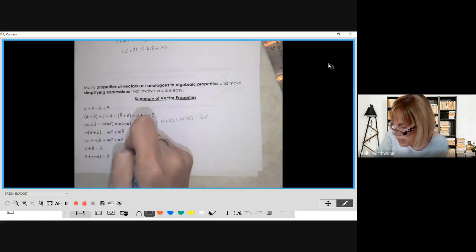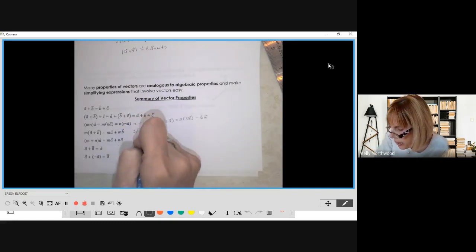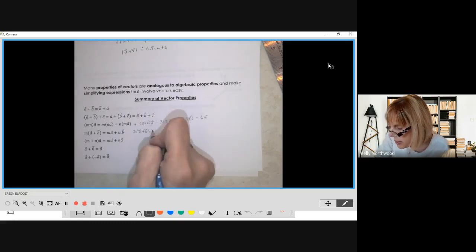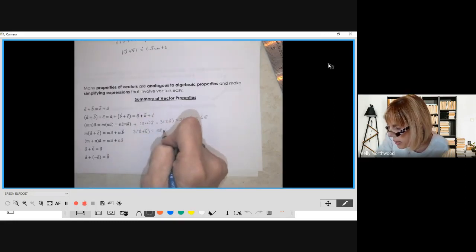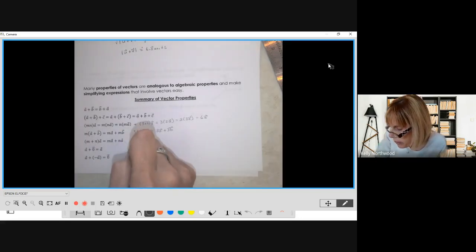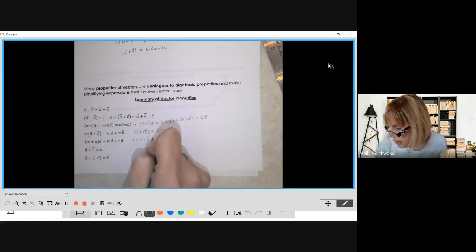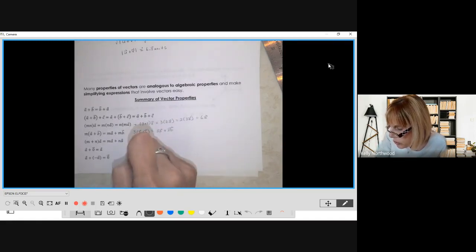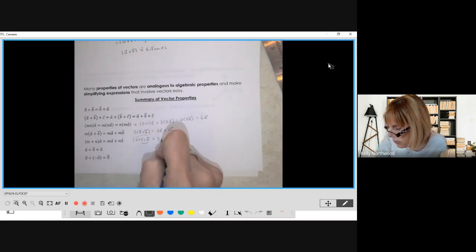And this one's the same as saying if you have, say, 3 times vector A plus vector B, it's the same as taking 3 vector A's and adding 3 vector B's. There's a lot of algebraic properties that transfer over to vectors. Same thing here. If you have like 3 plus 2 times vector A, you can distribute and have 3 vector A's plus 2 vector A's.